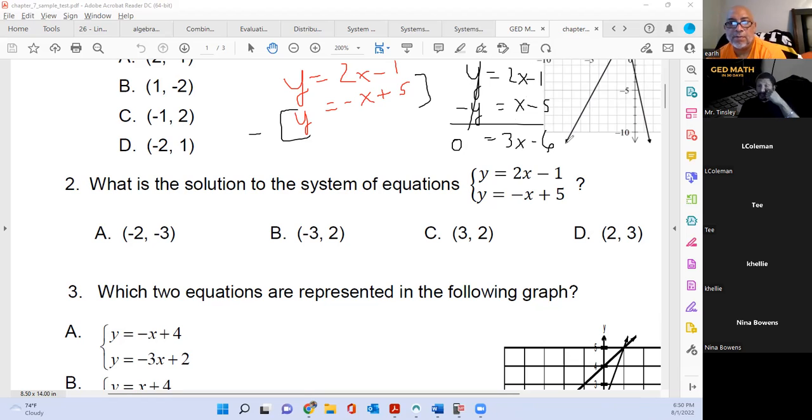In order to solve for x, I'm going to add 6 to both sides. I'm going to have to move down here, I apologize, but we get 6 is equal to 3x.